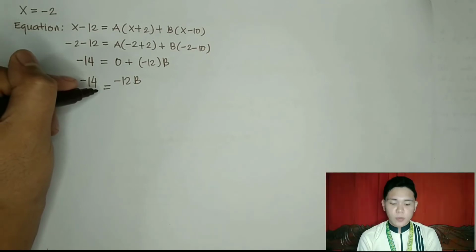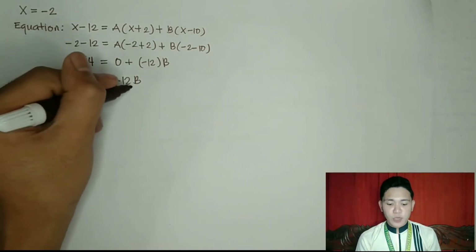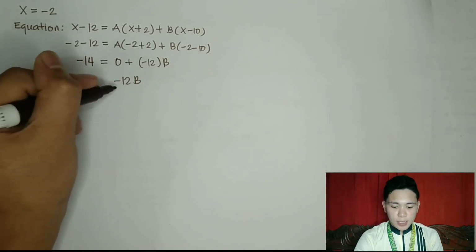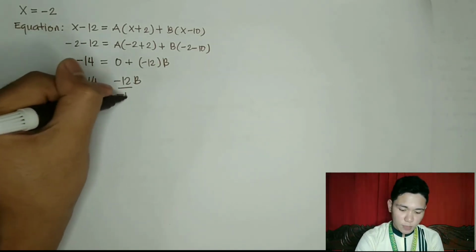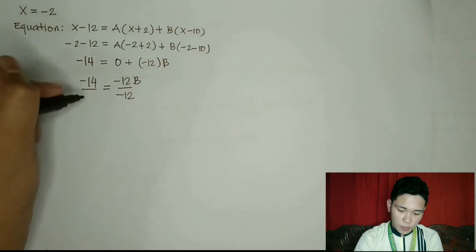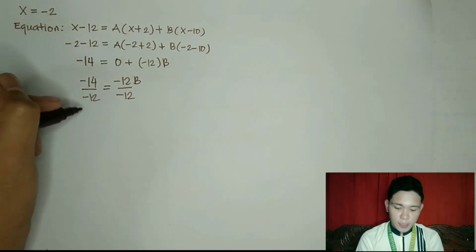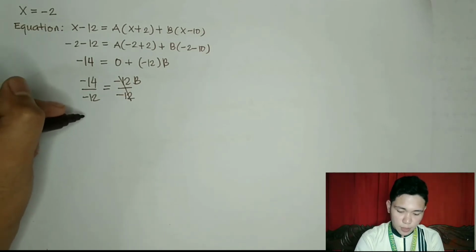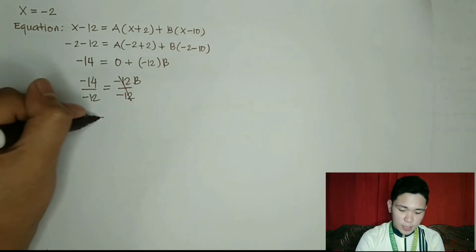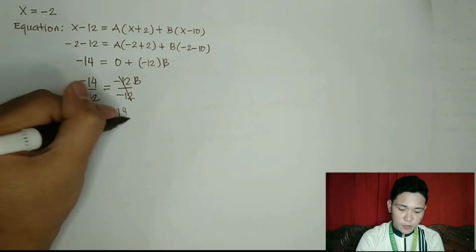In order to find the value for B, we need to divide both sides of the equation by negative 12. We cancel, and our value for B is negative 14 over negative 12.